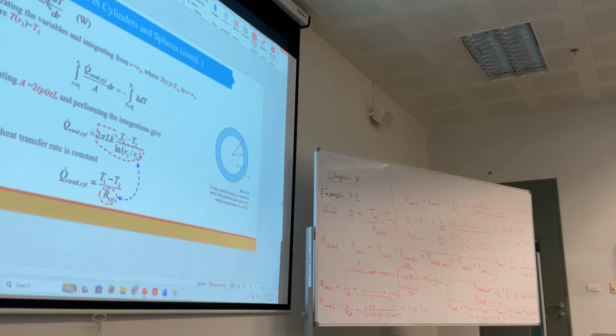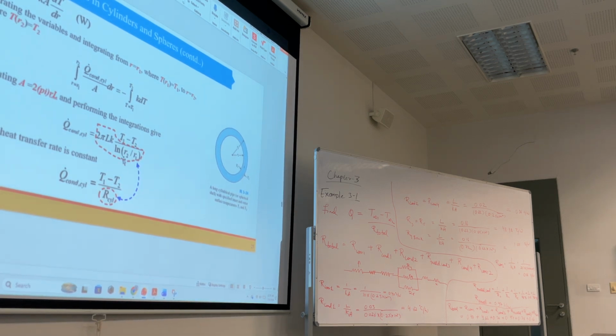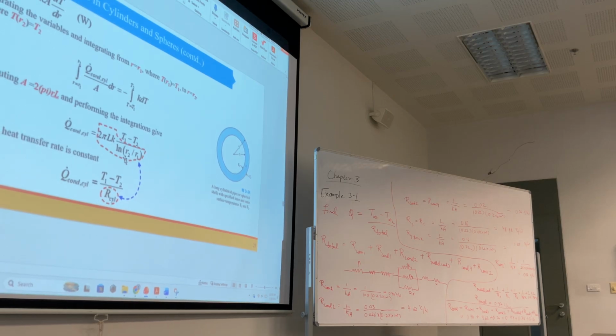Then you just input the value of area, right? And you do some mathematics, and ideally you can, if you want to solve it by conduction, your formula will be this.